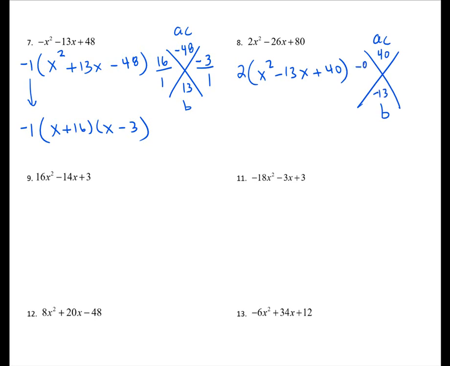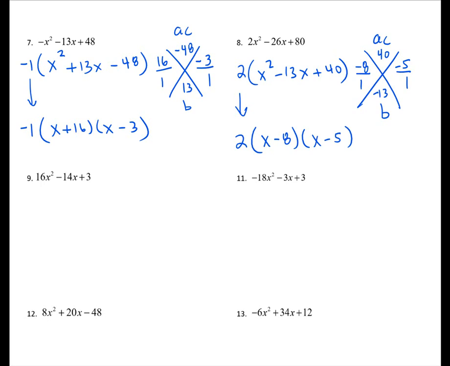It looks like -8 and -5 works. If I multiply both of these, I get +40. If I add them up, I get -13. Okay. Now after I find the numbers, I have to divide by whatever a is. A is 1. So my answer, so bring down your GCF. The denominator is 1, so it's just going to be x minus 8. The other denominator is also 1, so it's just going to be x minus 5.